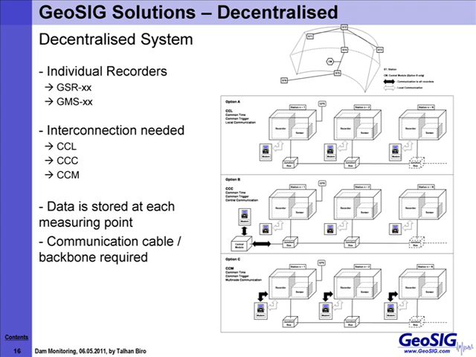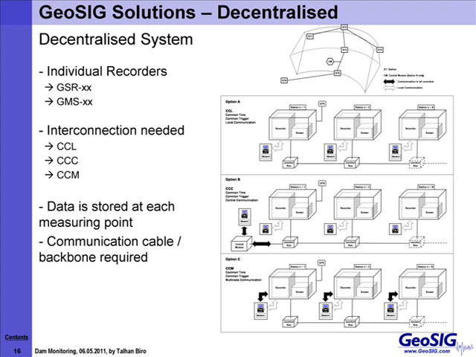Instead of an analog cable coming from the sensor to the central recorder, there is only a digital transmission, because the recording and digitization is happening at the measuring point. So in any case there is a need to have a communication means, usually achieved by cable in the dam structure. For this kind of recorders we have GSR systems and GMS, the newest systems that are available to be used in different topologies.